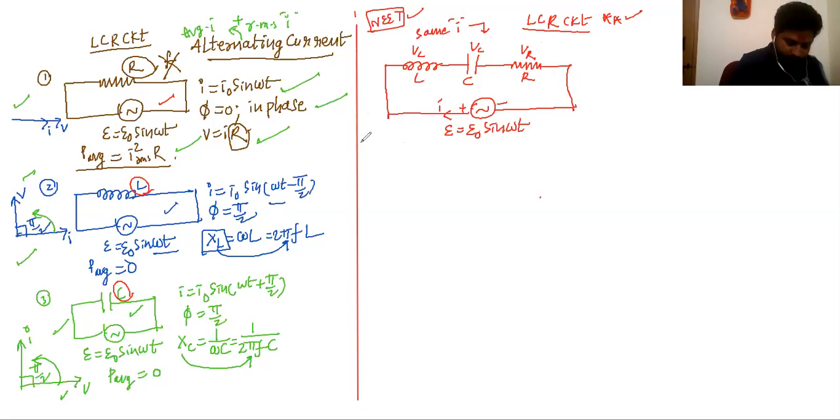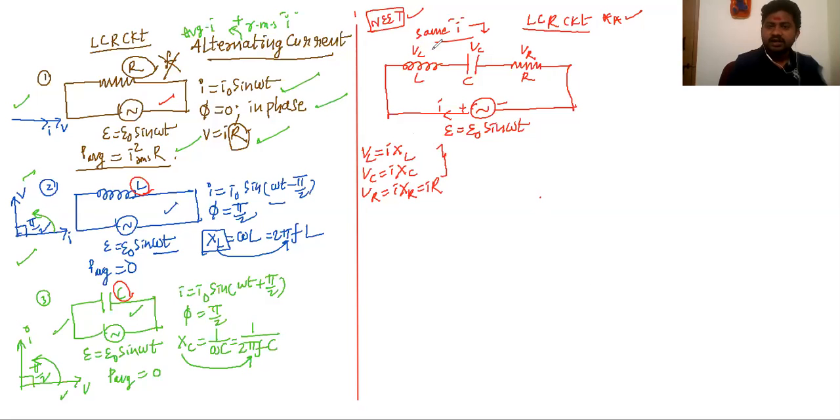So the potential across the inductor is VL equal to I into XL. VC is equal to I into XC, and VR is equal to I into R. Remember these three.